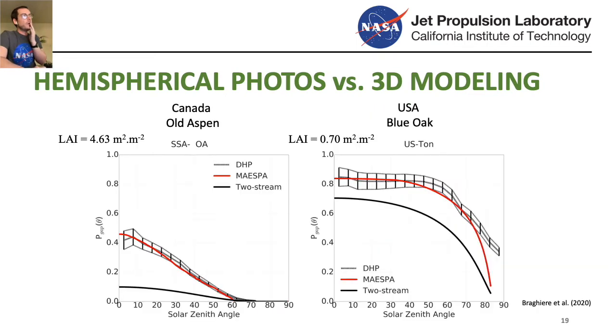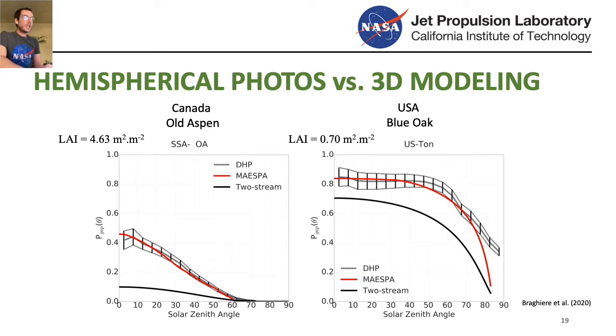So when we compare the P-gap from digital hemispherical photos, the dashed black lines, with the 3D model, MAESPA, in red, we see that they agree pretty well for the dense site and for the sparser site as well.